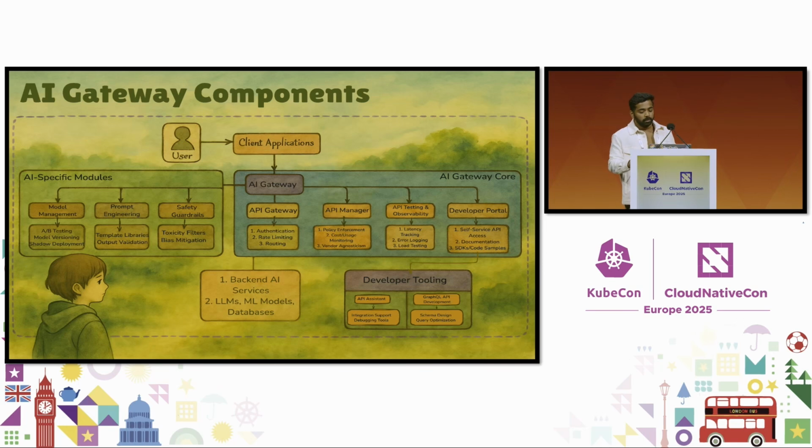Similarly, safety guardrails. This module is one of the very important ones, because it will filter harmful or biased outputs. By using toxicity filters or bias mitigation tools, it helps keep your responses safe, especially in public-facing apps. You must have seen this example, right?